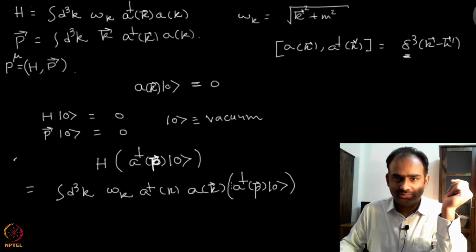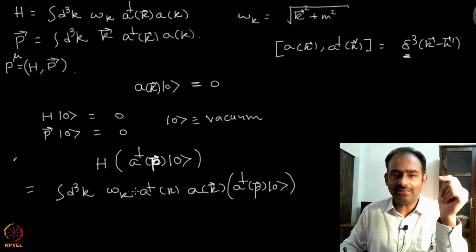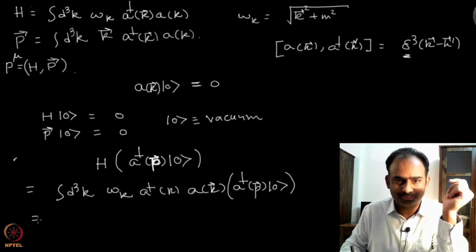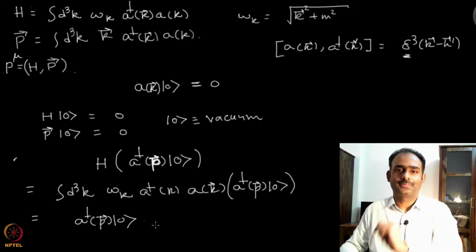Now, I will have an A dagger sitting here and a delta function, and when I do the integral over k, the delta function will set omega k to be omega p. Okay, so you will get omega p times A dagger of p ket 0, right.